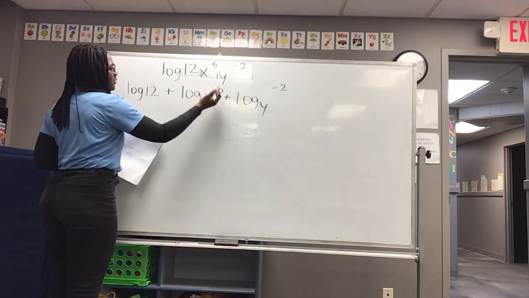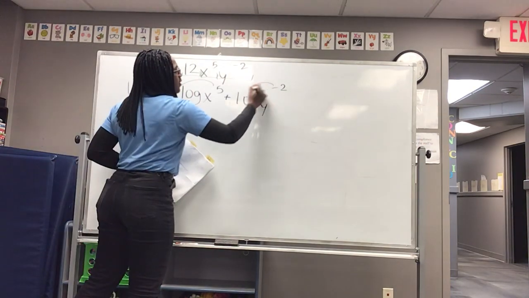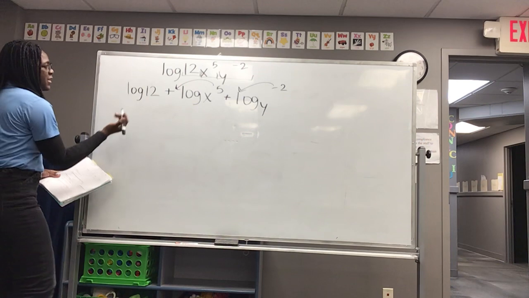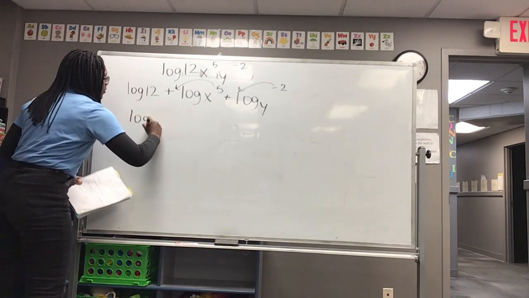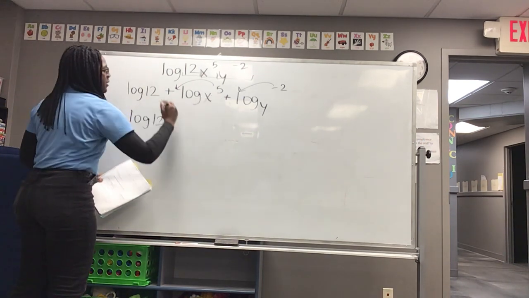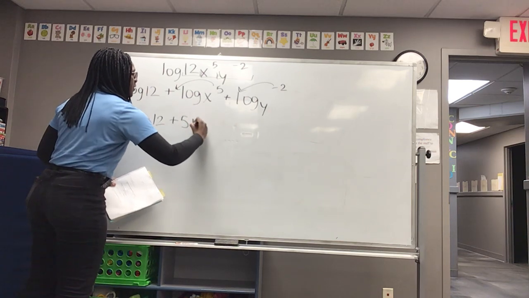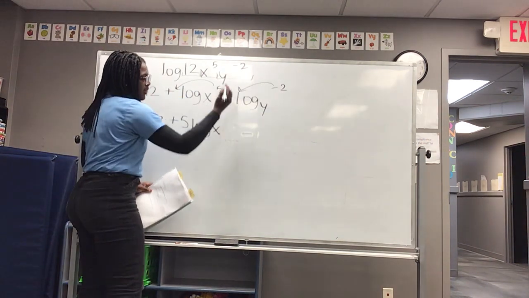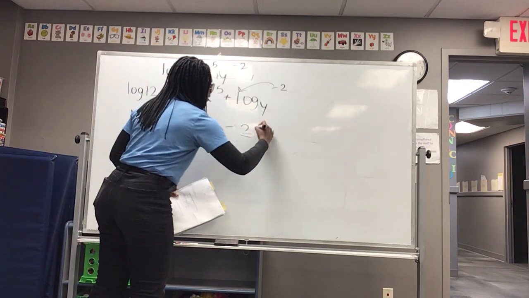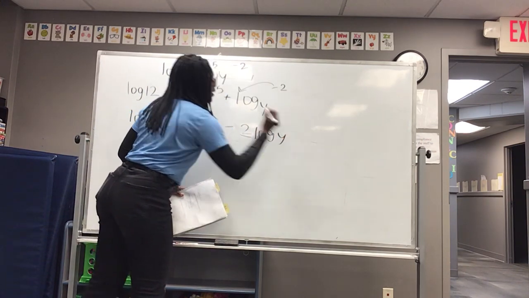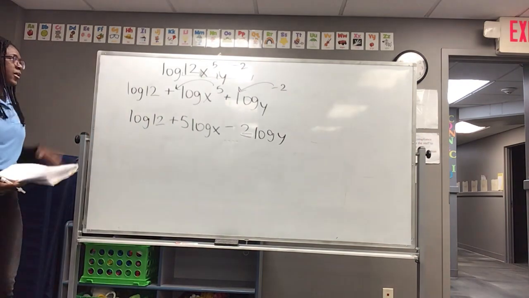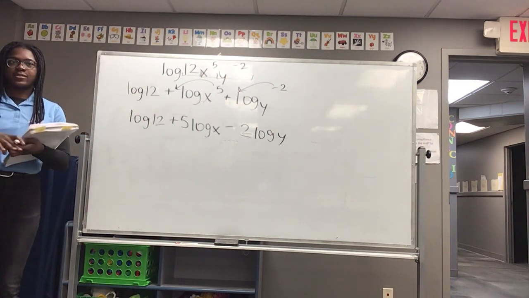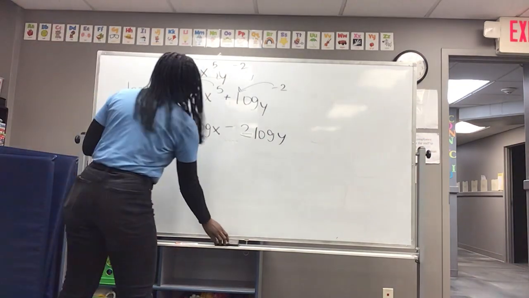When we have exponents, we can bring them to the front. So this one will stay the same, it had no exponents. It'll be log 12, plus 5 log x. And then since that was a -2 I'm bringing forward, I'm going to do -2 log y. So that's how we expand our logarithms. Okay, that makes sense, everyone? Yeah? Alright, I'll give you guys one to try.